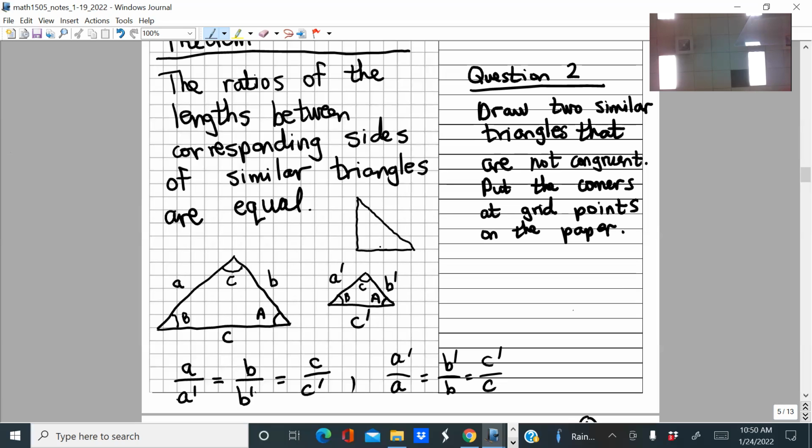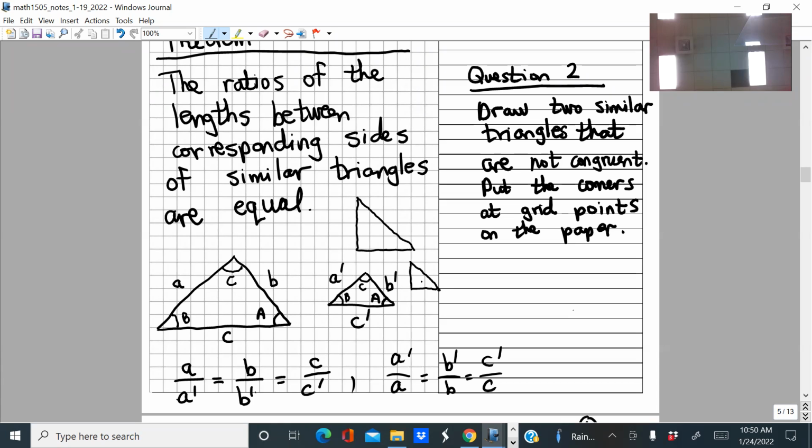He cut this side in half and also cut this side in half, putting the vertical side down to 2 and the horizontal side down to 2, and then drew this second right triangle. So these two right triangles would be similar to one another.